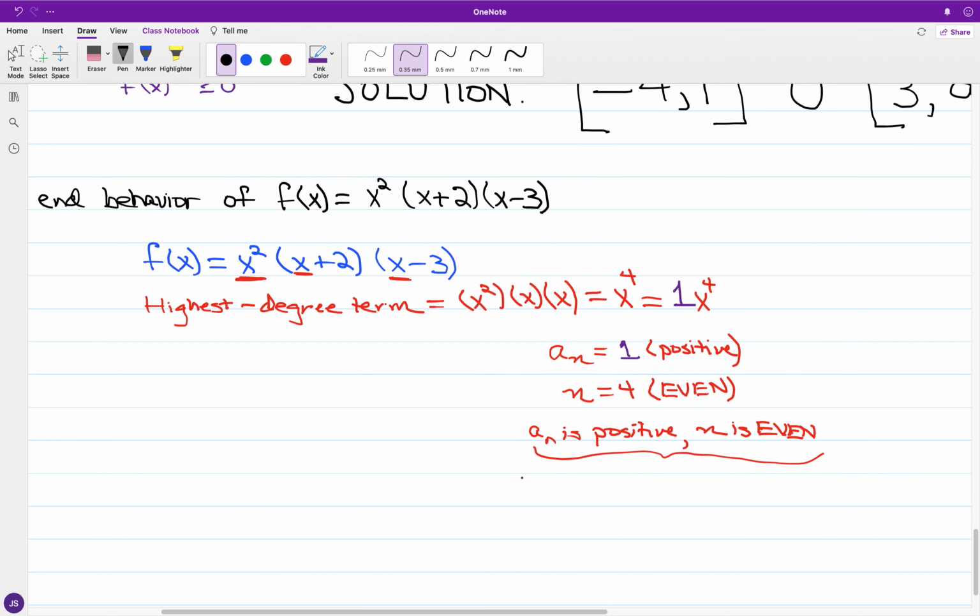For the end behavior, if the degree is even, it's going to behave the same way at both ends, and with the coefficient being positive, it's going to be up to the left and up to the right.